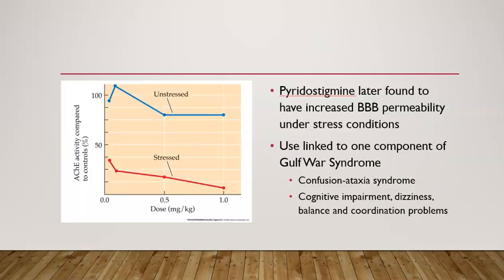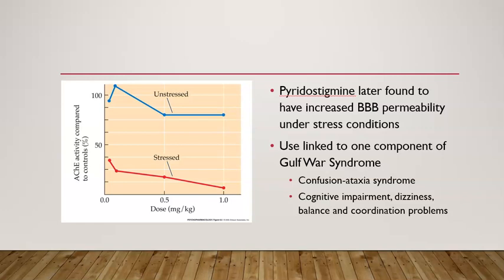So this is just a fun graph showing the effects of pyridostigmine in rats. So in this example, mice were subjected to a forced swim test. The forced swim test is a common test to evaluate stress and the effectiveness of antidepressants.